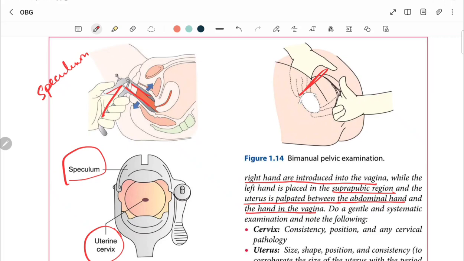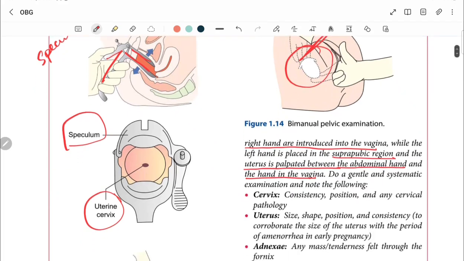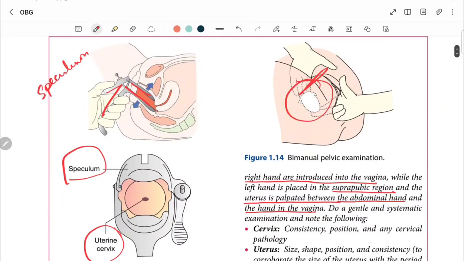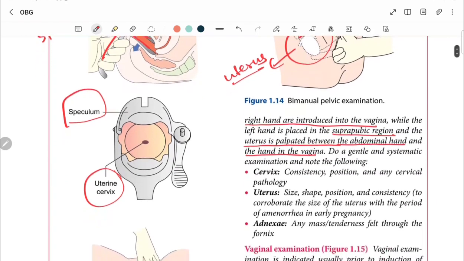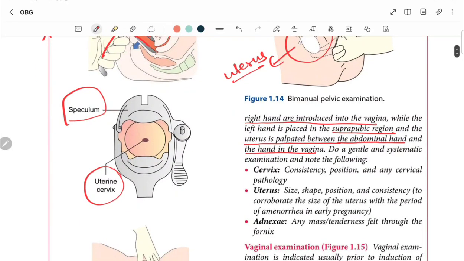So in between, you will be palpating for the uterus. In cervix, what you look for is consistency, position, any cervical pathology. Uterus, look for size, shape, position, consistency, or any mass or tenderness.